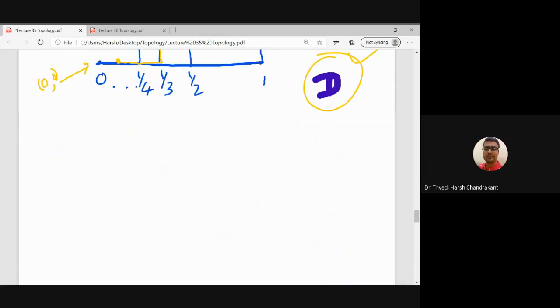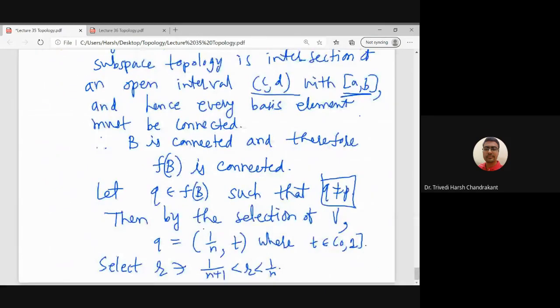So that is what we are using here: since we have chosen the neighborhood V very carefully so that it does not intersect the x-axis, all the points in V from the deleted comb space are of the form 1 comma n comma t because Q is in f of B, right?